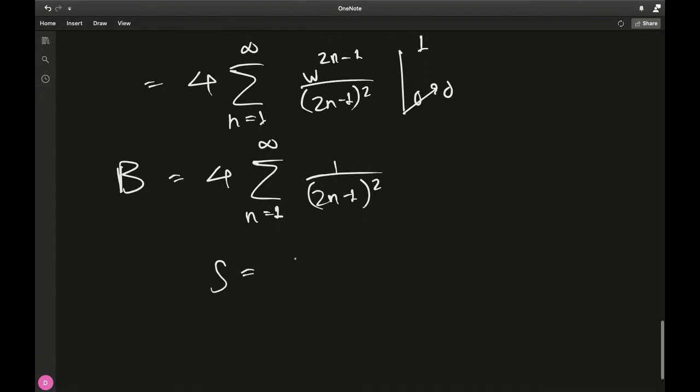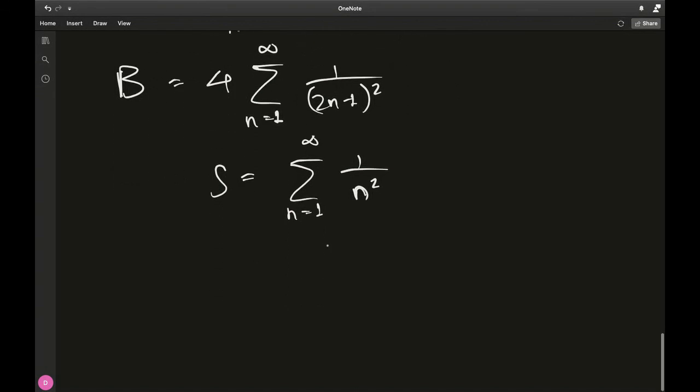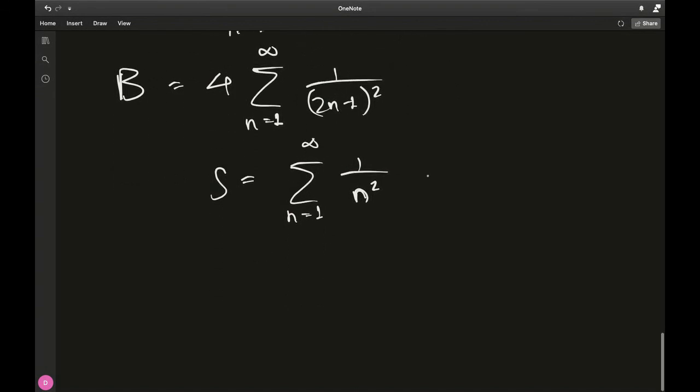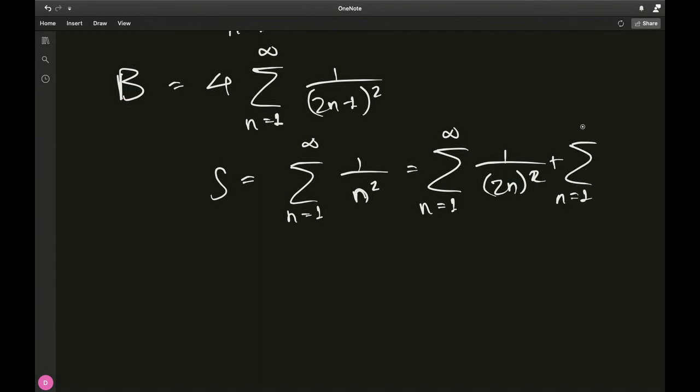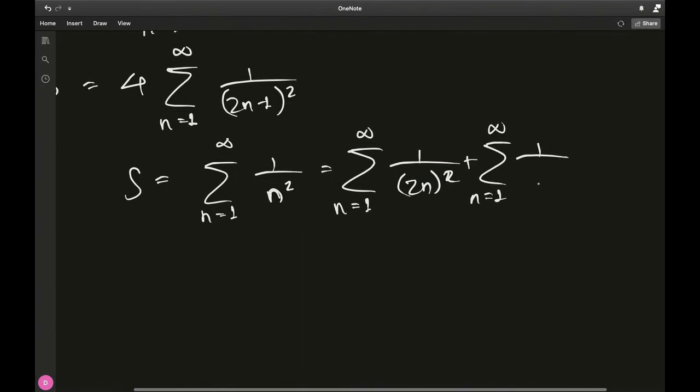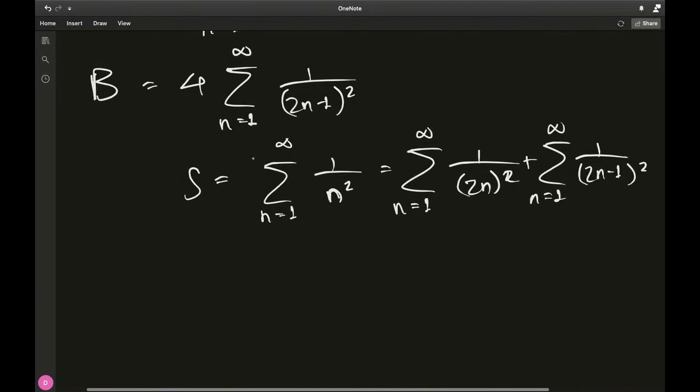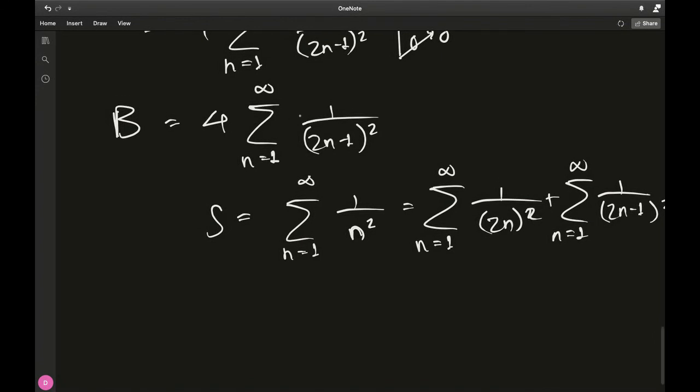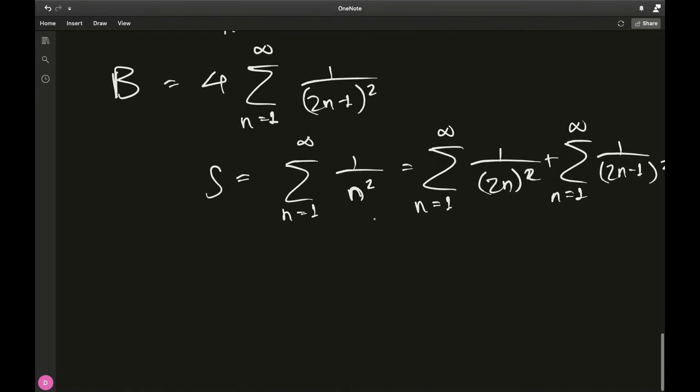And if you call your original Bessel problem, sum from n equals 1 to infinity 1 over n squared, as S, then this is actually composed of all even terms, which you can represent as 2n the whole thing squared, and all odd terms. Sum from n equals 1 to infinity of 1 over odd terms you'll represent as 2n minus 1 whole thing squared, which is exactly our b over 4. If you isolate this out, you'll have a b over 4.